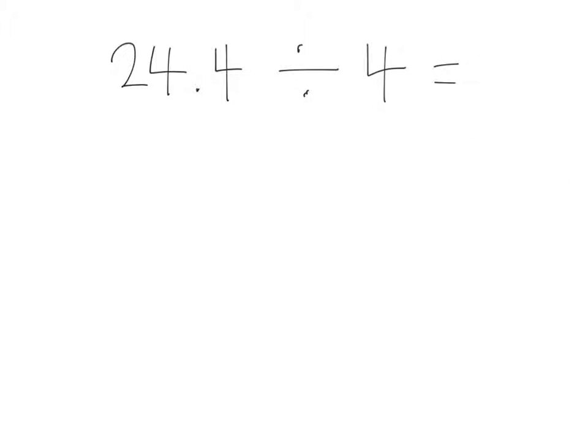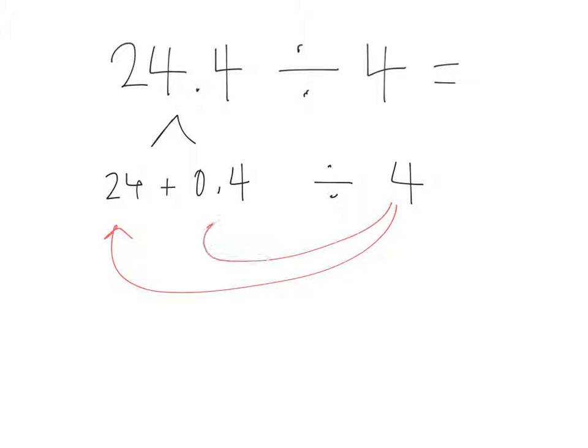Okay, great. What about this one? 24 4 tenths divided by 4. Could I think of this in two parts? Could I think of this as 24 plus 4 tenths? Okay, so if I'm going to divide that by 4, could I use the distributive property and distribute this to the whole number part and to this part?